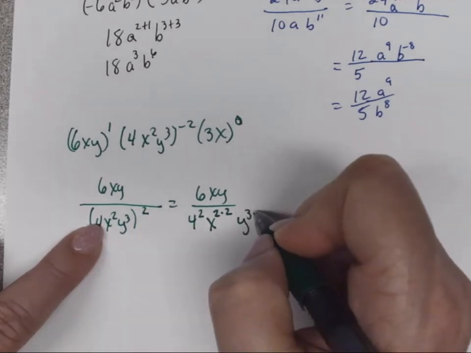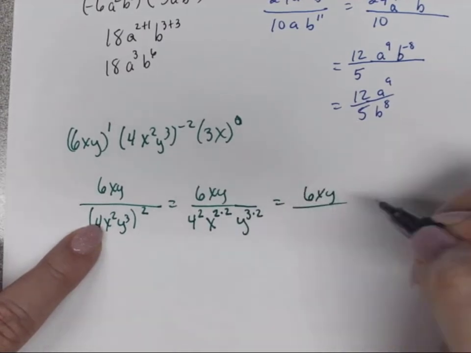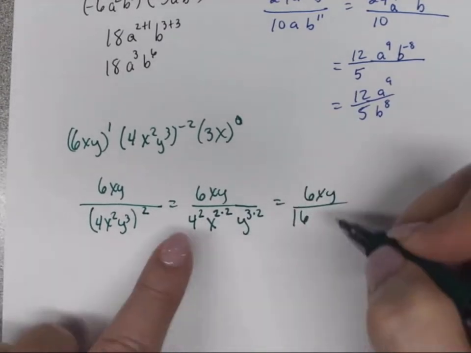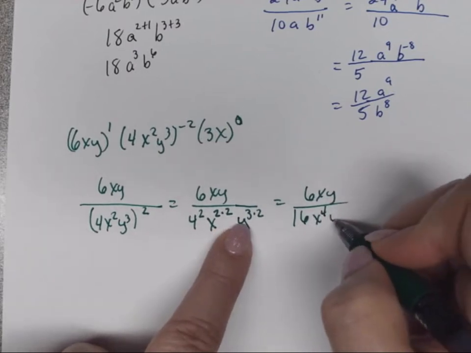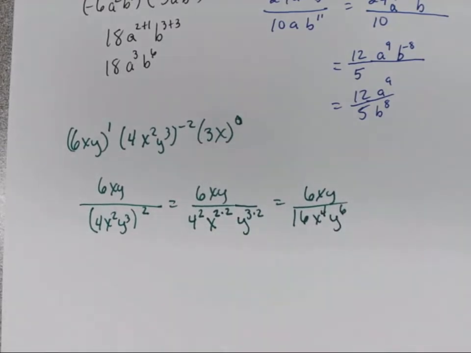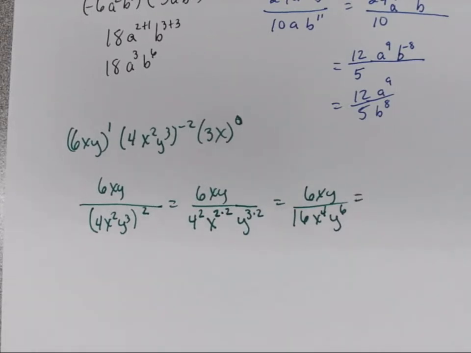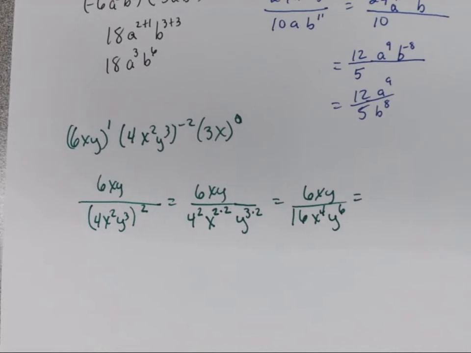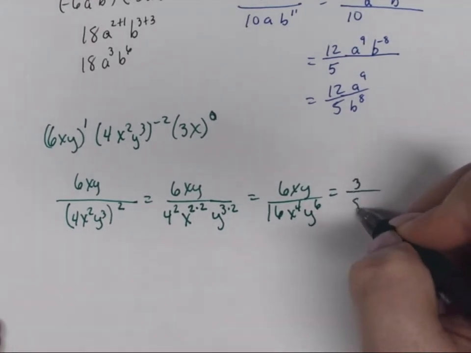And the y to the 3 times 2. So 6xy. 4 squared is 16. 2 times 2 will get us x to the 4th. 3 times 2 will get us y to the 6th. Now we need to reduce. Well, 6 over 16, they both reduce by 2, so that will be 3 over 8.